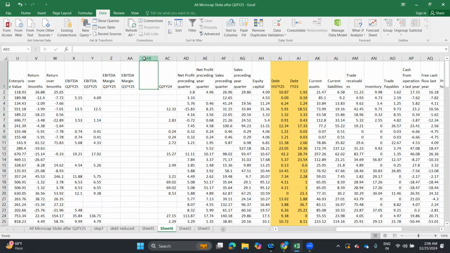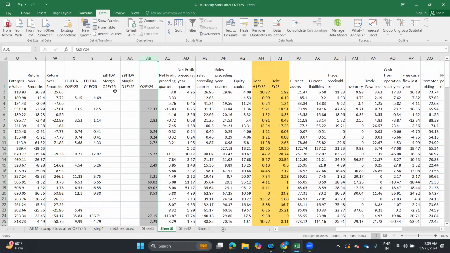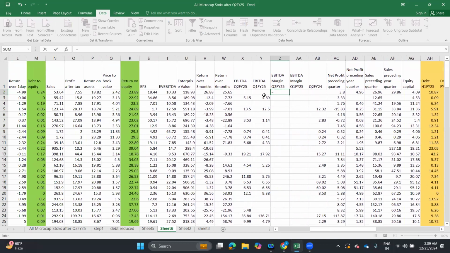Just stay limited within quarterly numbers. So this is EBITDA Q2 FY25 divided by your sales, correct? तो यहाँ पे डेटा नहीं आएगा because data is not there.